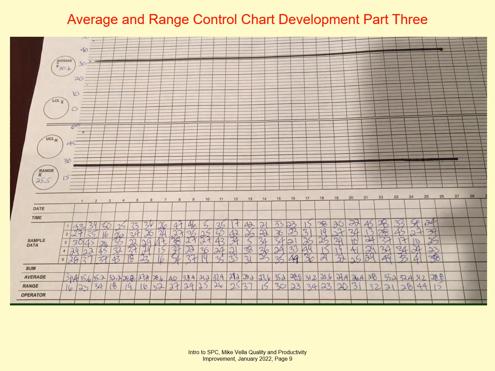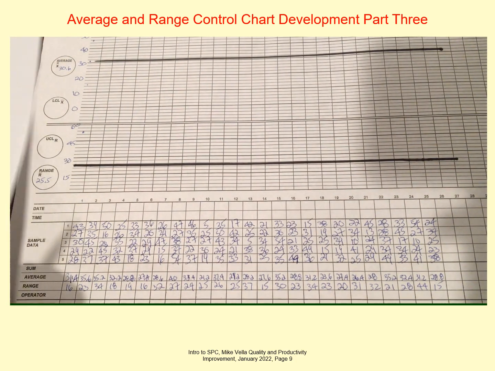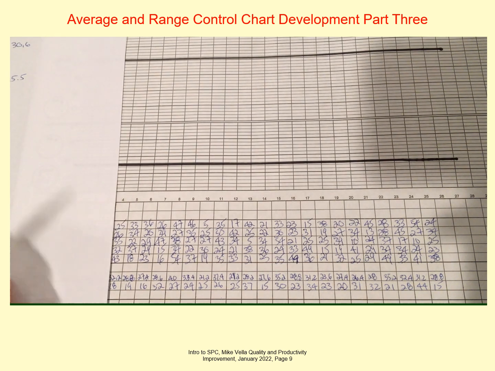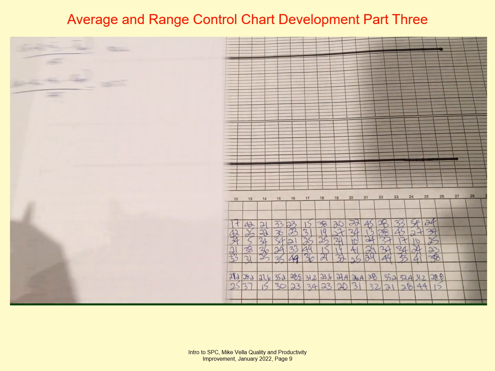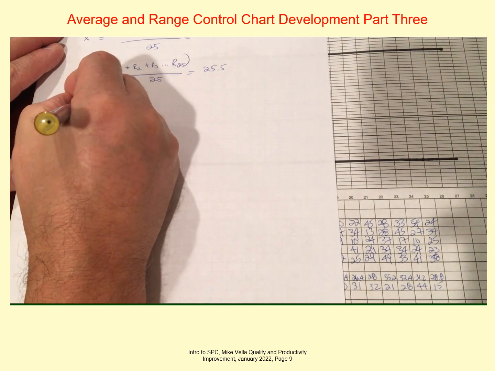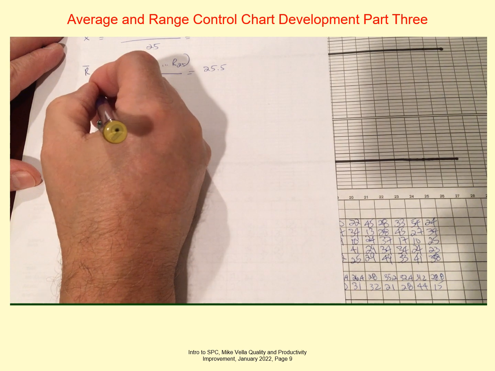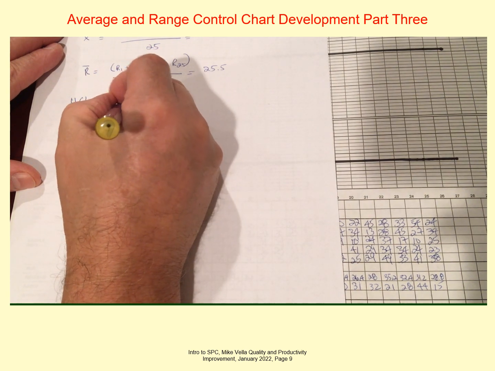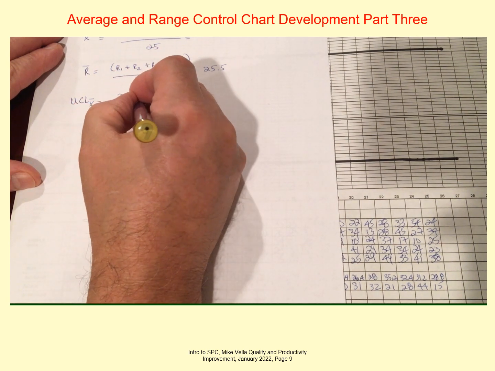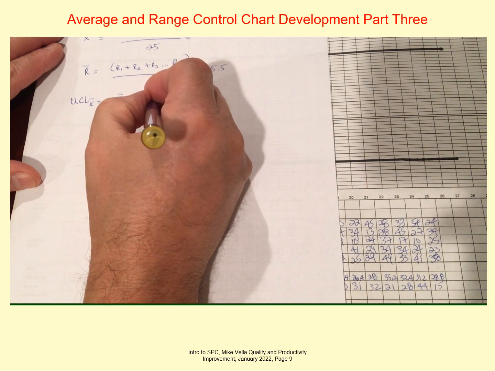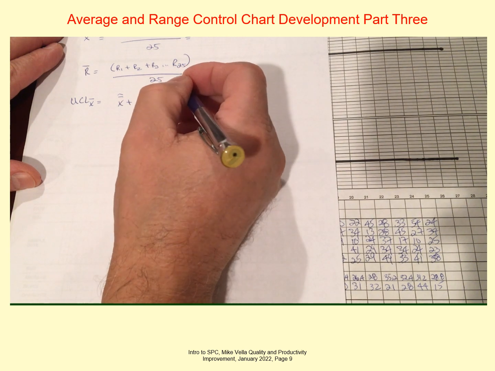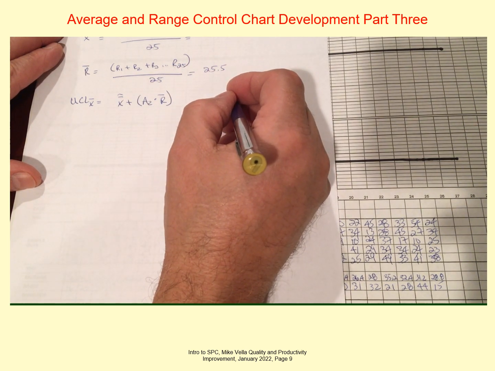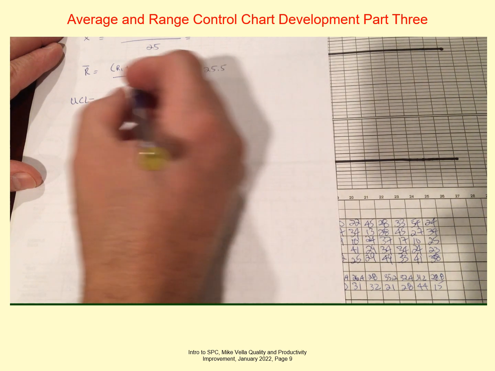Next thing we'll want to do is calculate the upper and lower control limits. The formulas for the upper and lower control limits are also found in your slide pack. The upper control limit, or the UCL for X bar, is X double bar, the grand average, plus something called A2, again that's in your chart, times R bar. In our case, the A2 number for a subgroup of 5 is 0.577.